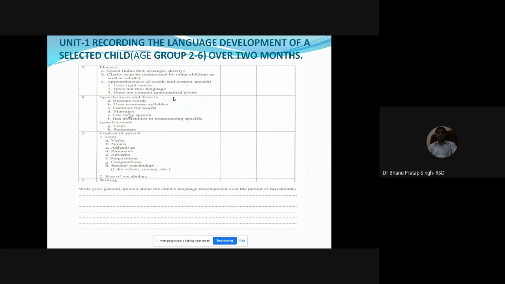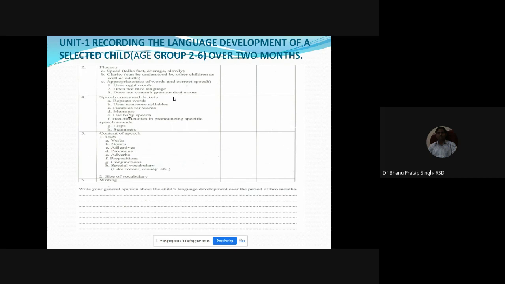he or she is using nonsense syllables and fumbling forward, or he or she is murmuring or using baby speech, means in the specific tone of a very small child, has difficulties in pronouncing specific sounds, specific words.